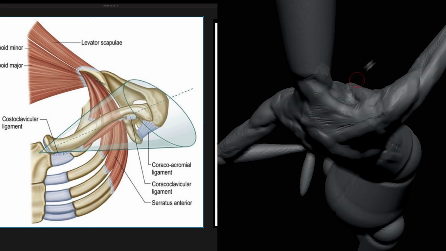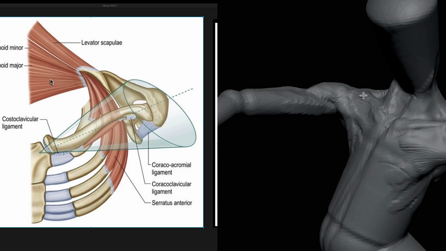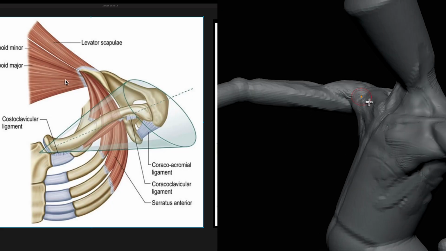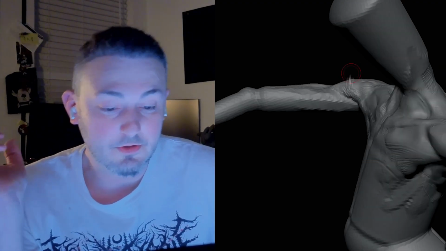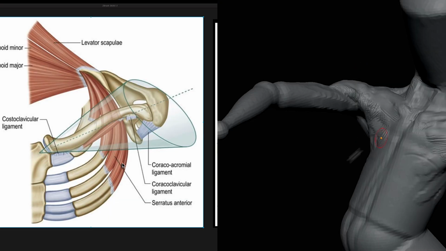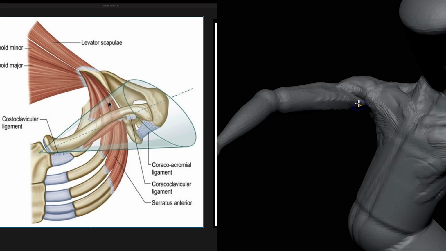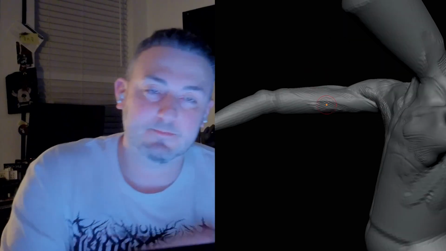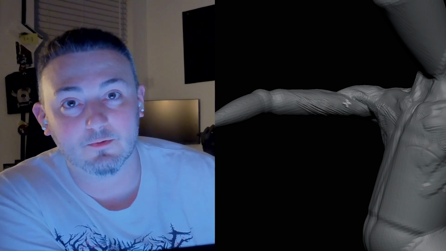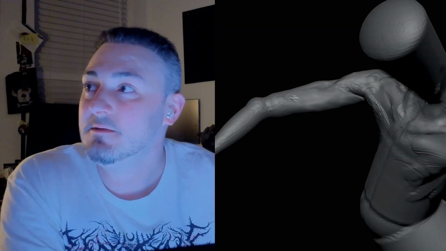You have these rhomboids, which are rarely talked about, or you don't sculpt them, you don't draw them, you might have heard of them, but they're deep to a lot of muscles, so they don't really have any prominent effect. But why know them? Well, serratus anterior, making little fingerings that come out of here. Well, they join at the scapula back here, and if you really understand this relationship between where they originate and where these rhomboids insert, you'll have a really great understanding of how the shoulder works and how we move the scapula around our body, around the chest.